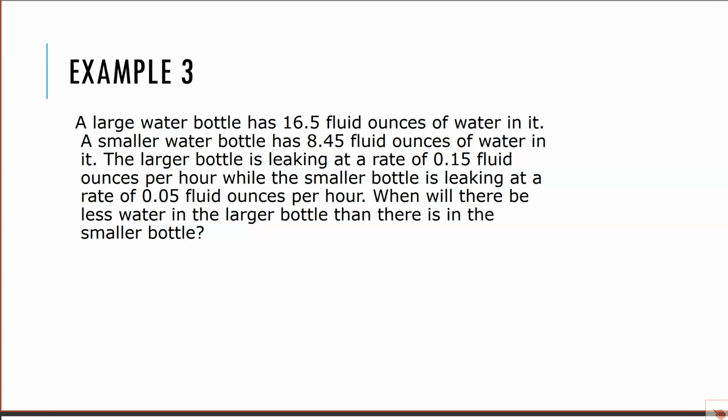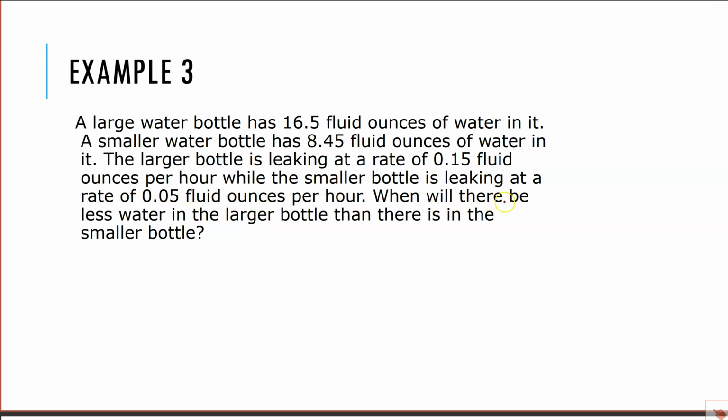All right, so here, a large bottle of water has 16.5 fluid ounces of water in it. A smaller water bottle has 8.45 fluid ounces of water in it. The larger bottle is leaking at a rate of 0.15 fluid ounces per hour, while the smaller bottle is leaking at a rate of 0.05 fluid ounces per hour.